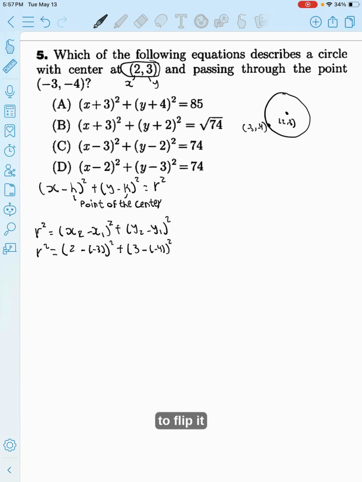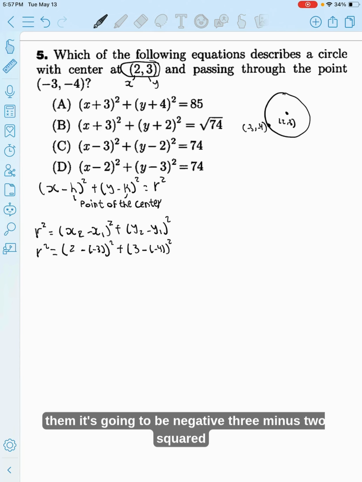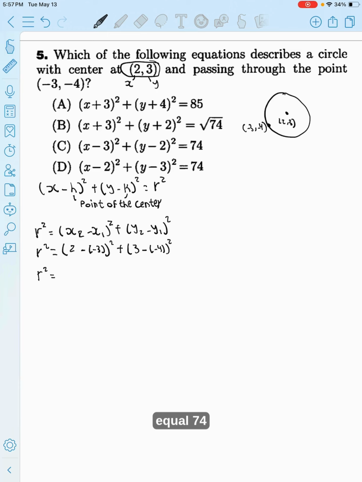So basically if you want to flip them, it's going to be (-3 - 2)^2 + (-4 - 3)^2, which is going to be the same answer. So r^2 equals 74 if you did it by your calculator.